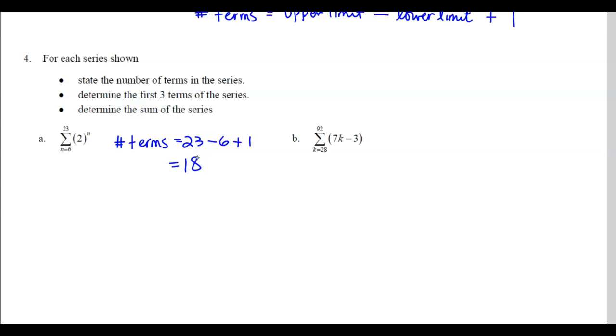So determine the first 3 terms of the series. I'm going to just put equals there. So 2 to the 6 plus 2 to the 7 plus 2 to the 8 will give you the first 3 terms of the series.